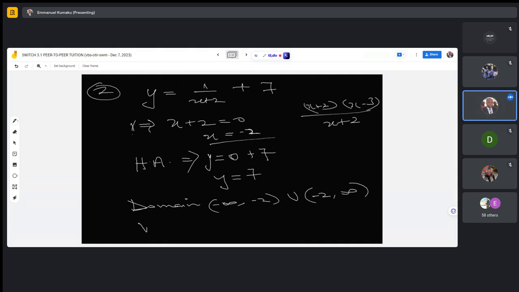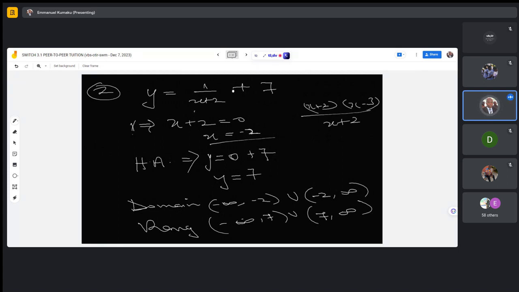Then the range: if you're asked to find the range, it is everything except the horizontal asymptote. So negative infinity up to 7, union 7 up to positive infinity.